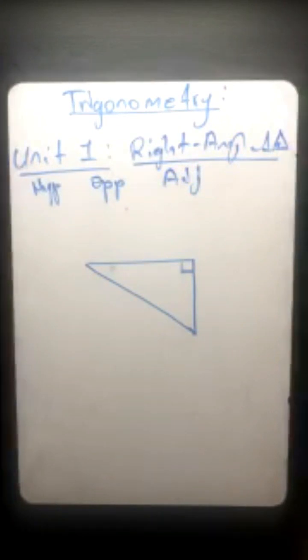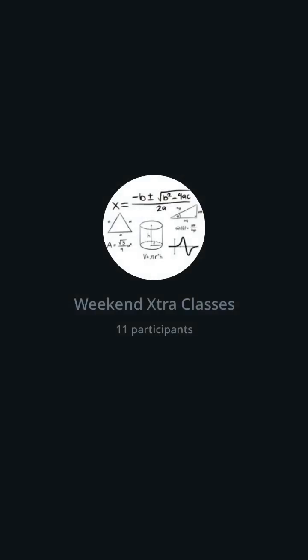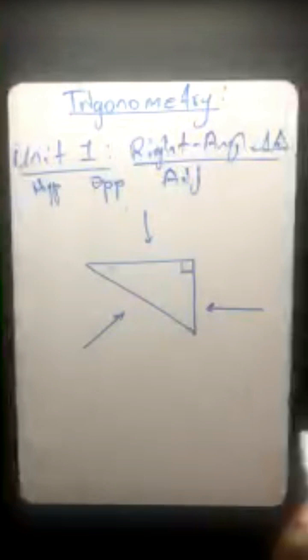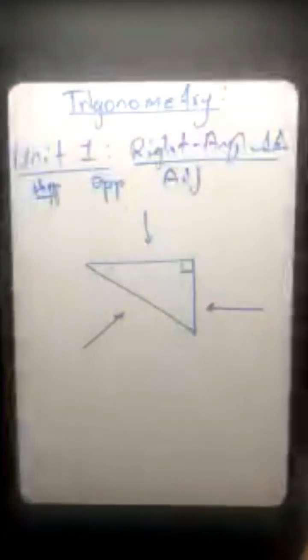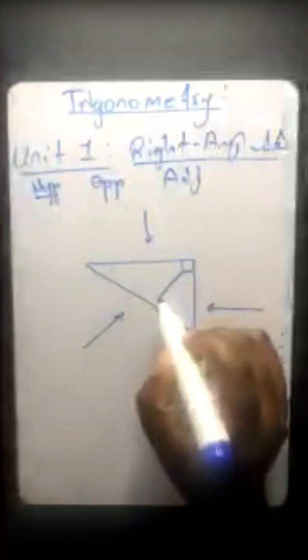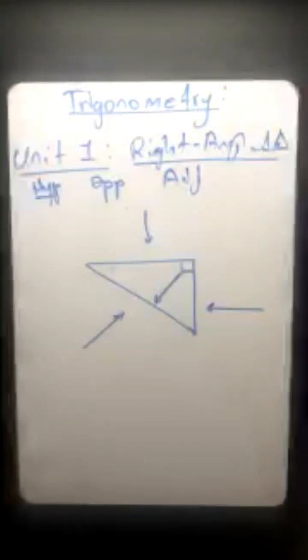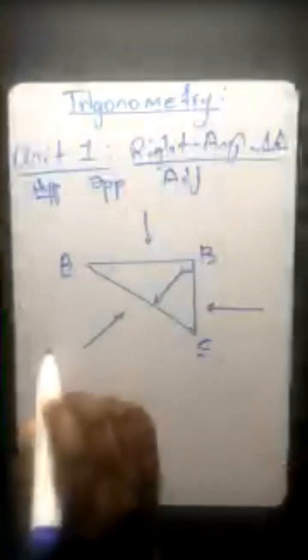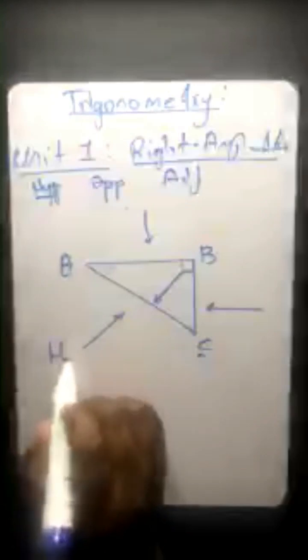Therefore, this side has got a name, that side has got a name, and that side has got a name. The question is, which one is the hypotenuse? At all times, the hypotenuse is the side opposite your 90-degree angle. Let's say we've got A, B, and C. So AC is what we call the hypotenuse.